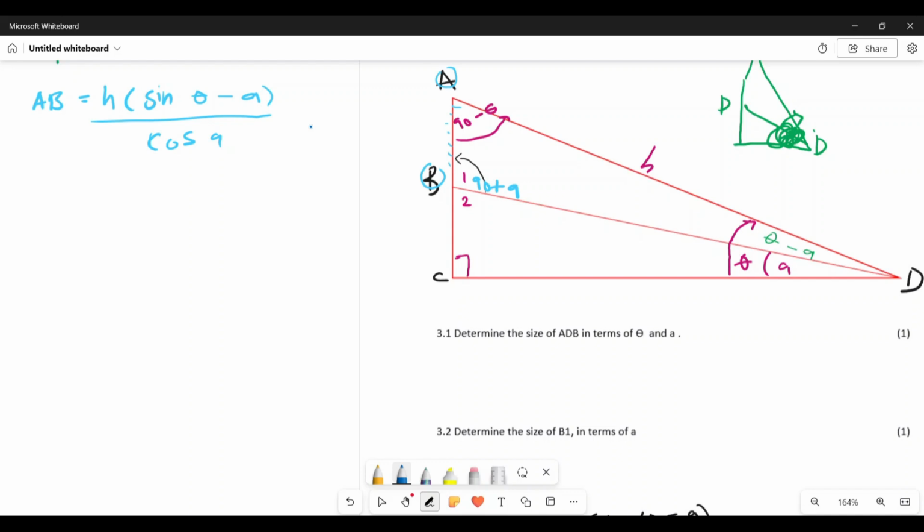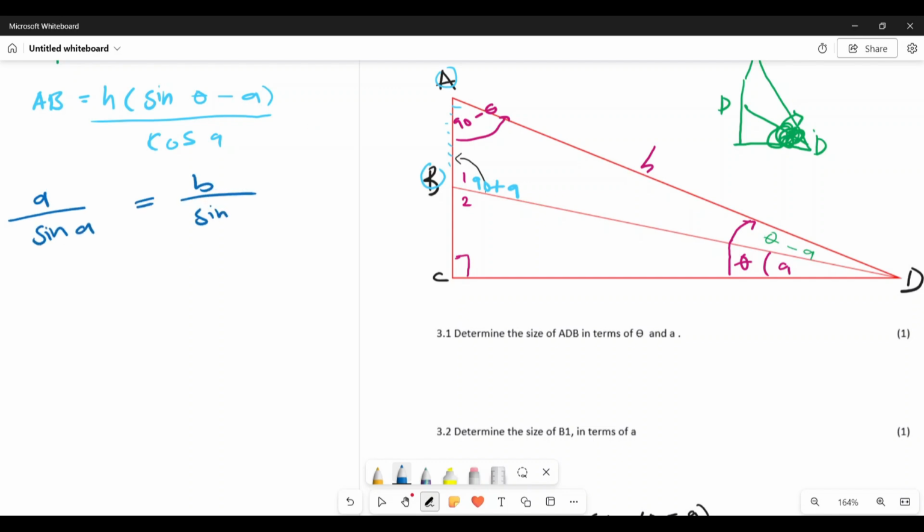As you can see here, we're trying to prove for side AB, and the angle that we've calculated that is opposite to this line is theta minus A. So here we can make use of the sine rule. If we didn't have this angle opposite to AB, we would need to use the cos rule. So we're going to make use of the sine rule because we have the angle opposite to the line we're looking for.